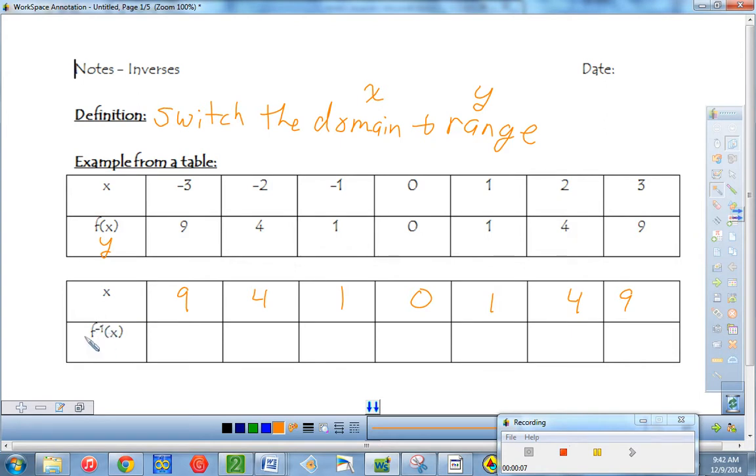This is that notation that you need to know. To the -1, just like when -1 flips things around, it means the inverse is going to be what was our domain values. Okay? So if you get a table, you literally just flip them around. So keep in mind, you're switching the domain and the range. That's what you're doing. So tables, pretty simple.